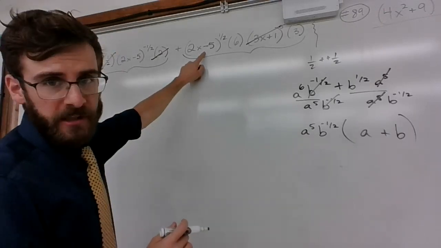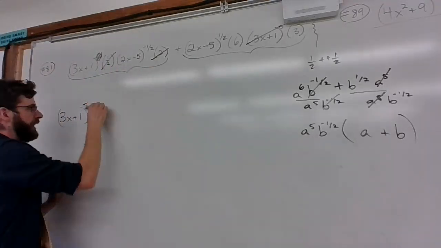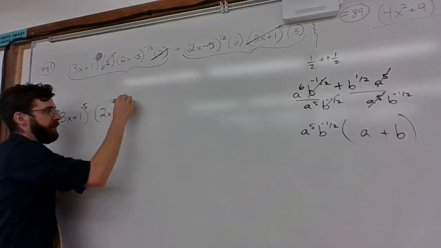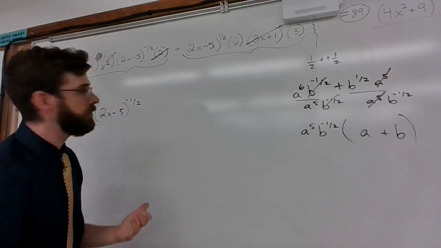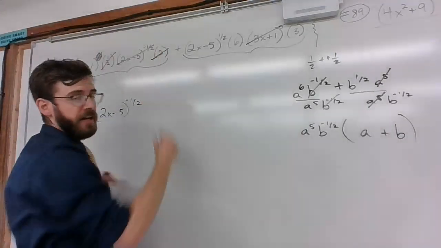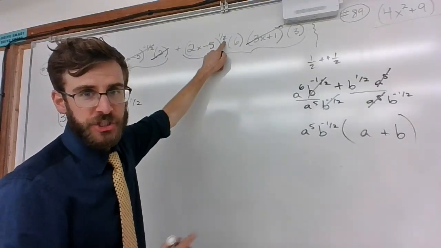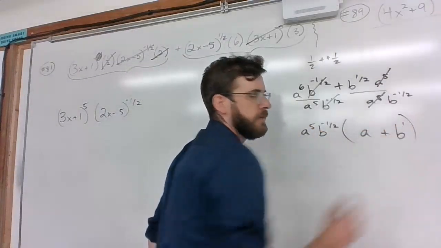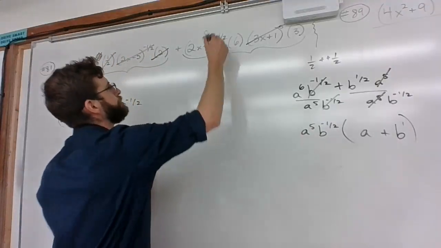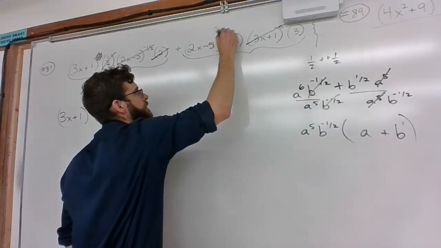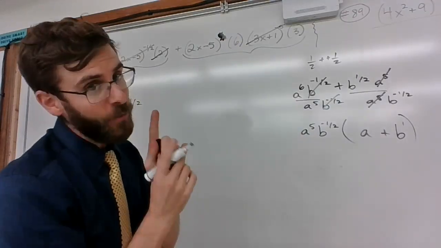And similarly here, 2x minus 5 to the negative half power is factored out, which means that whole quantity is factored out. But the 1/2 changes now to a power of 1. So I'm just scribbling it out. It's 1 now.